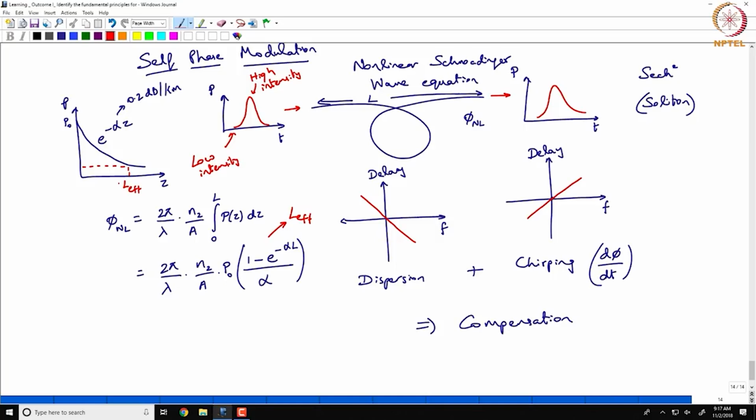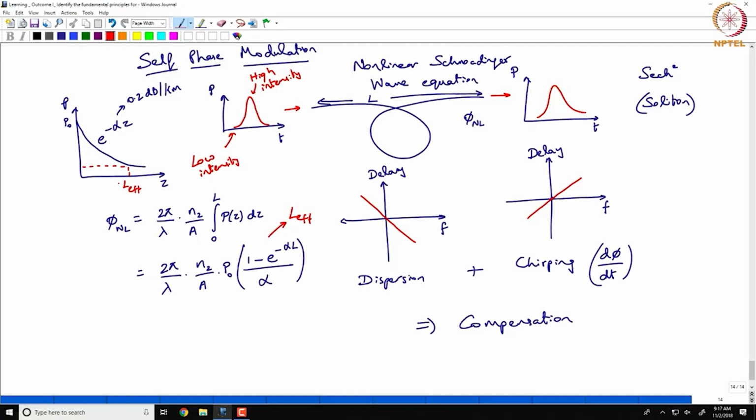So the nonlinear phase actually depends on the intensity. That's what the Kerr effect is. And for a given effective area for the mode, it depends on the power, if you're talking about a single mode fiber. And the power is decreasing along the length of the fiber. So if you go to such a length that the power has decreased to, let's say, something in the order of 100 microwatts or lesser than that, then you don't accumulate any nonlinear phase.